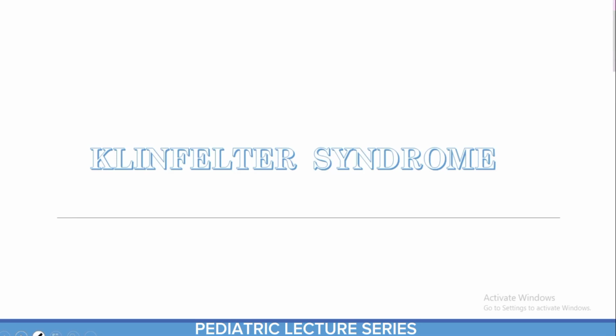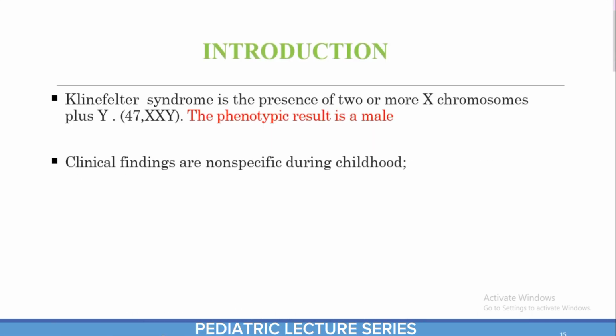Let's continue with our second lecture on sex chromosomal abnormalities and look at Klinefelter syndrome. Klinefelter syndrome is the presence of two or more X chromosomes plus the Y. The phenotypic result is a male, and the clinical findings are non-specific during childhood.